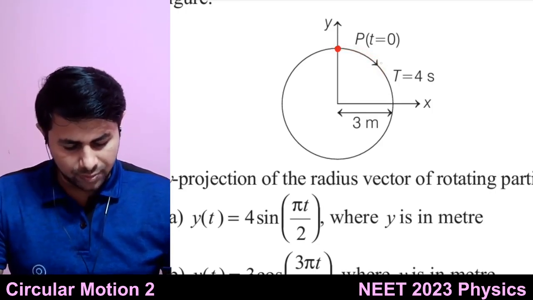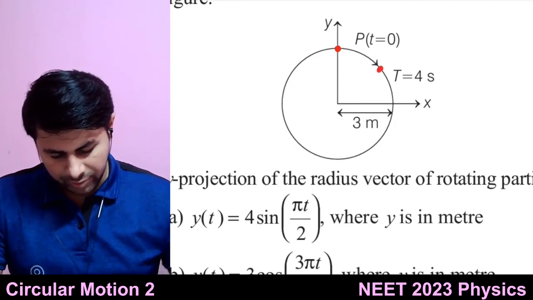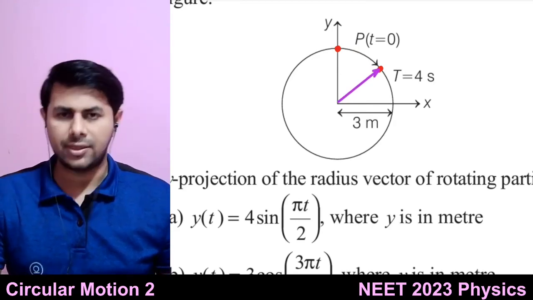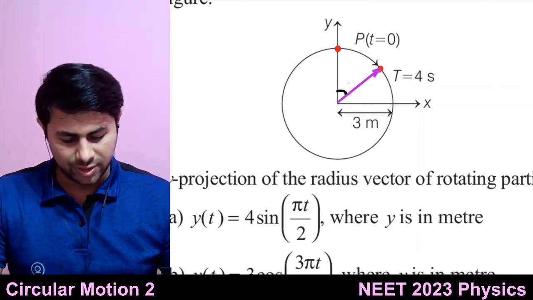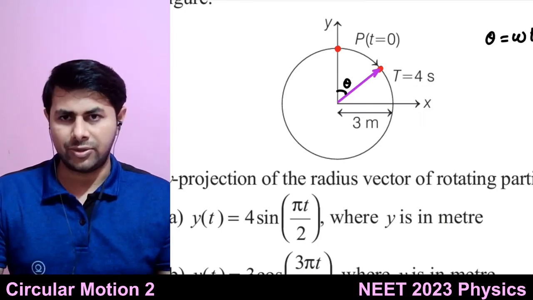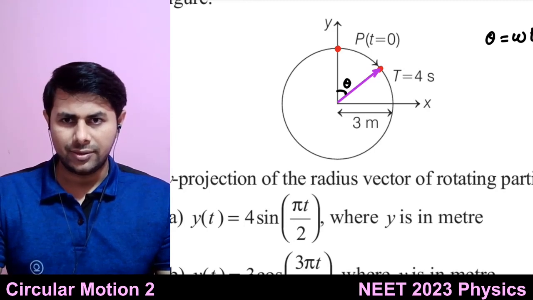So suppose your object moves here. This will be your radius vector, right? How much would be this angle? This is theta. Suppose theta will be equal to omega t. We have seen this.